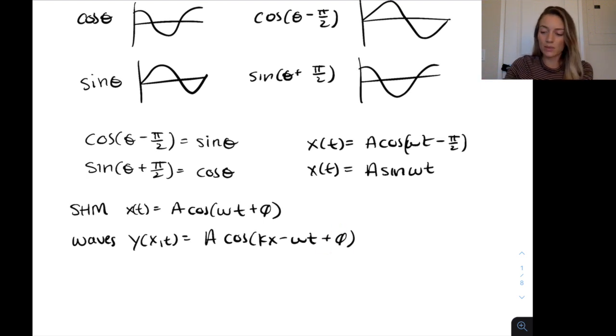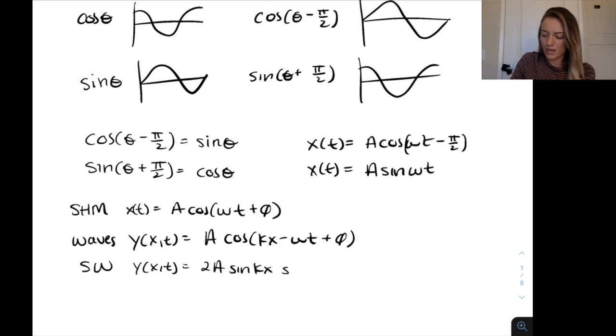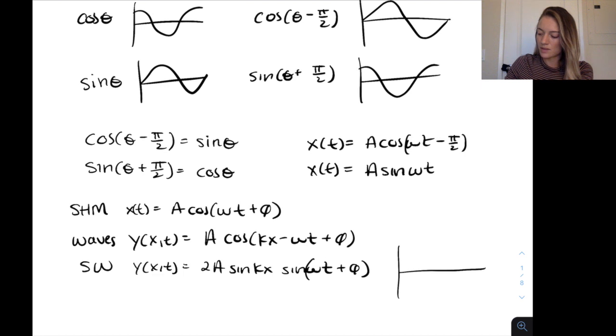And then the same thing when we did our standing waves. So when we had our standing waves, and we had something like this, we had 2A sine kx sine omega t. There really is still a phase shift in here too, again, even though your book didn't include it. Because when we had our standing wave, you could have something that looks like this.